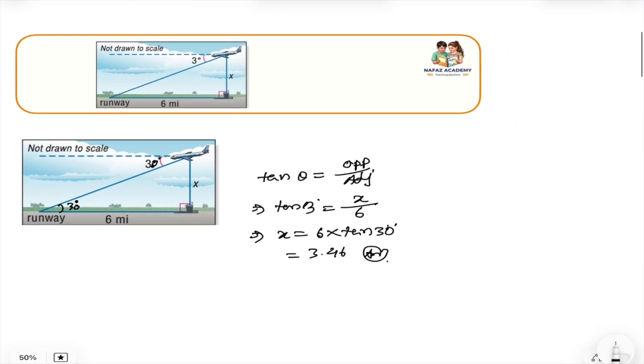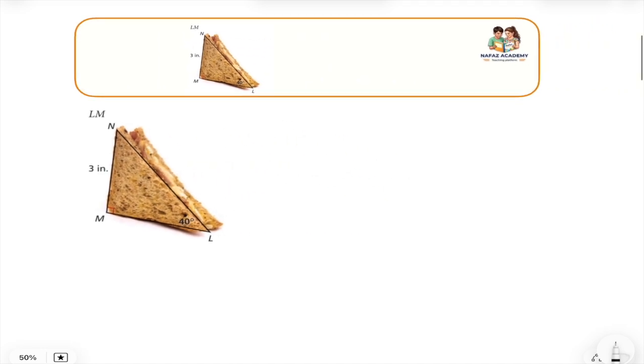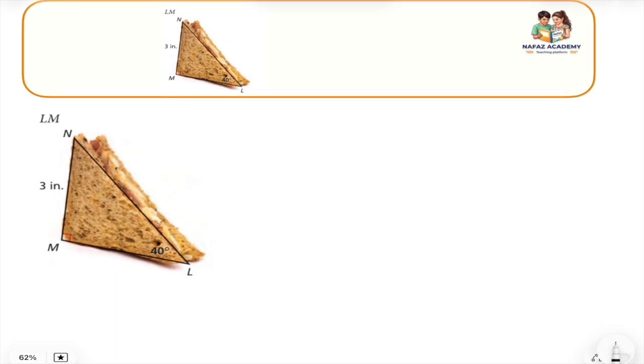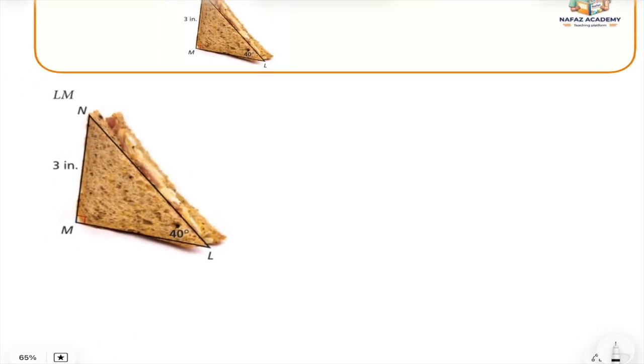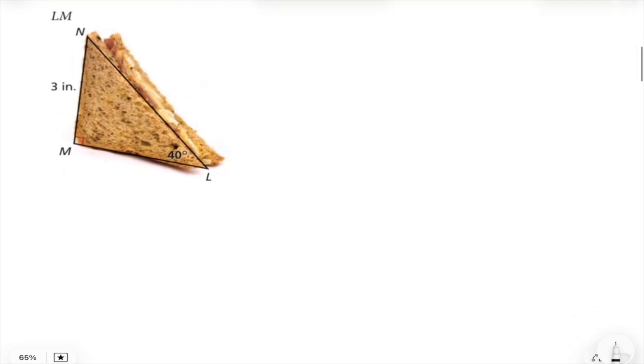The next one. Here is a sand use. The question is here. It has a 90-degree symbol, a vertical line and a horizontal line.